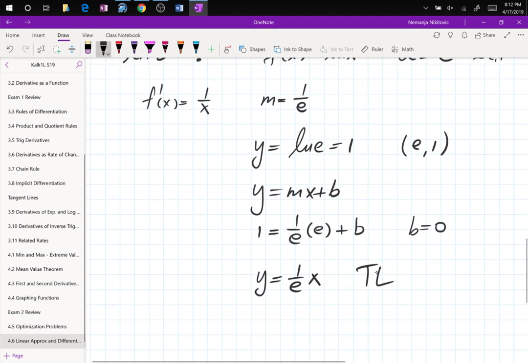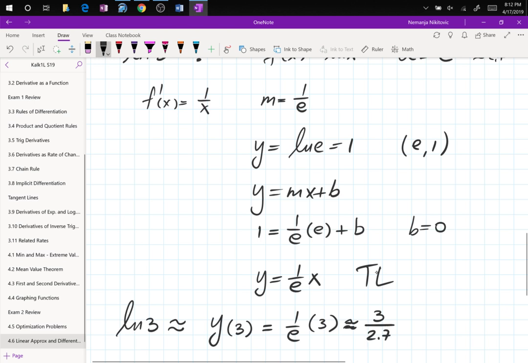So now, ln3 is approximated by y of 3, which is 1 over e times 3. Now this is 3, approximately, over 2.7 for e. When you multiply by 10, you get 30 over 27.